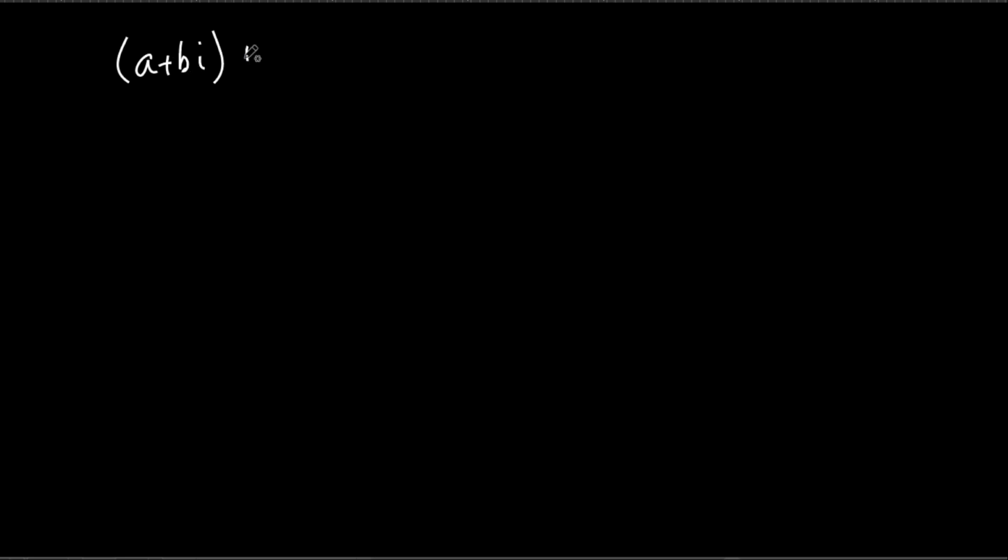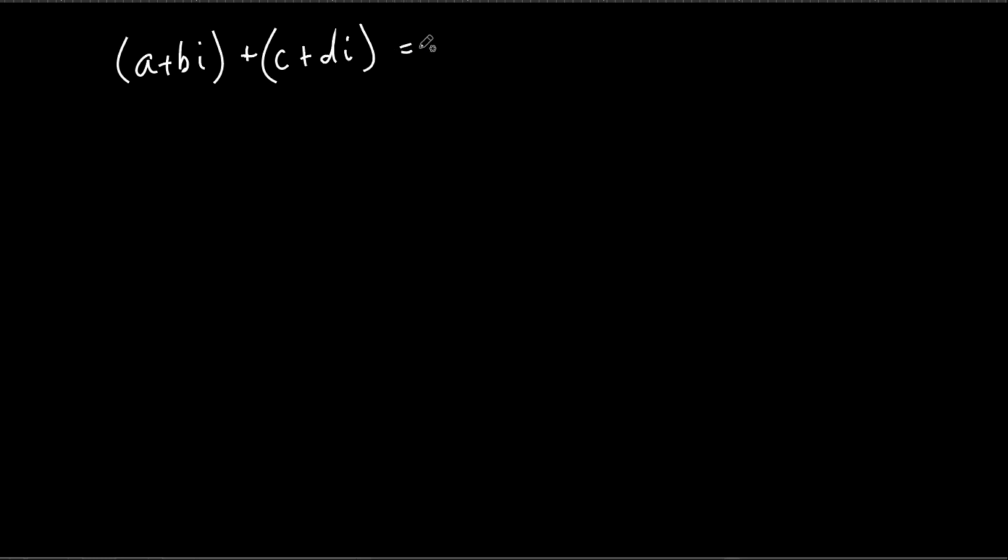So what if I added it to another complex number? We're going to use different letters, c plus di. This is still a complex number because we don't absolutely have to call the real a and the imaginary b. But this is just a number that's by itself. That's a real number. This one is with the i. All right, so we can do it like that.